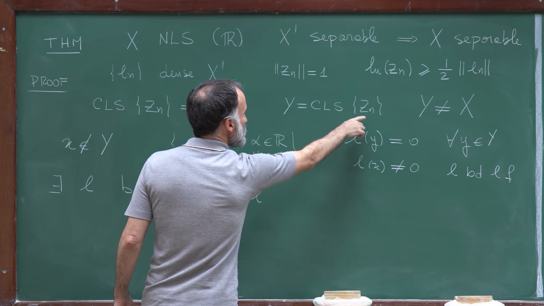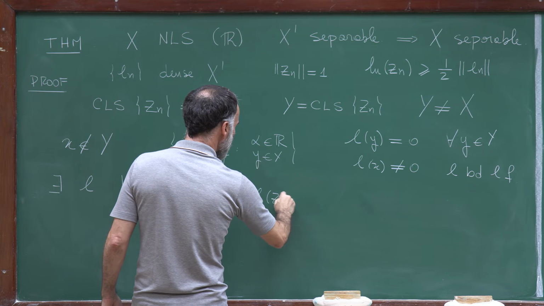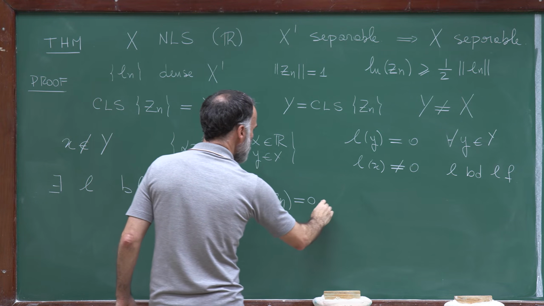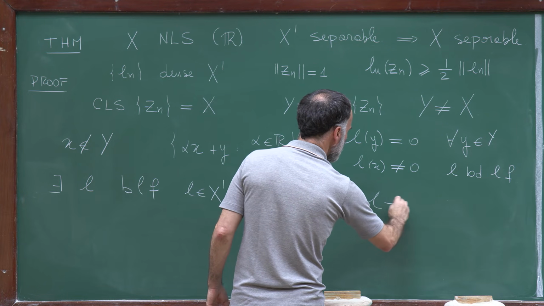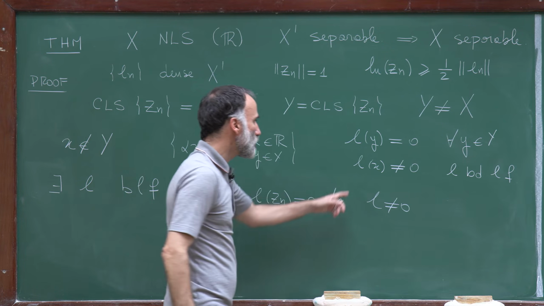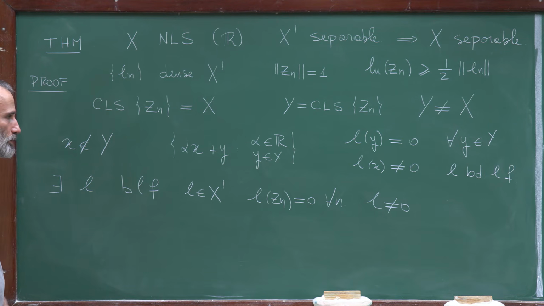So since Zn belongs to Y, this means that L of Zn is equal to 0 for all n, and L is different from 0, because L of x is different from 0.